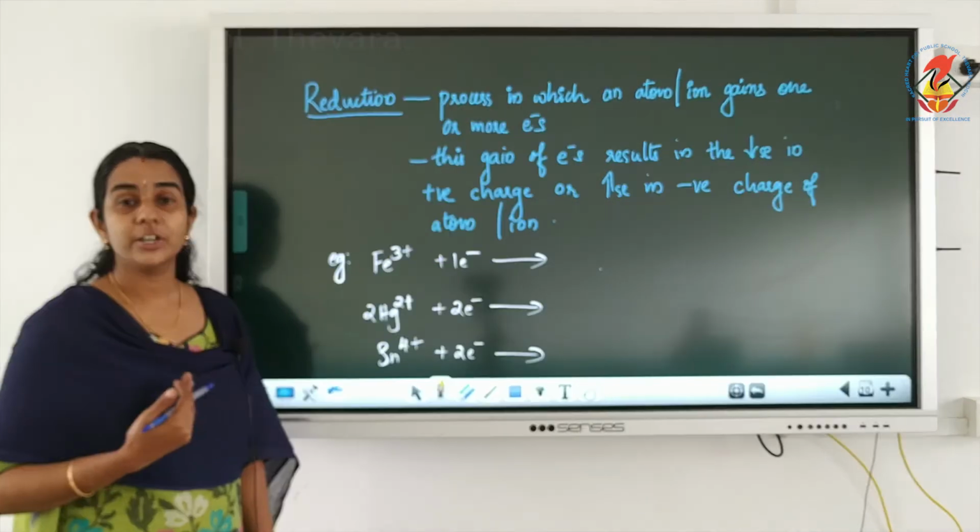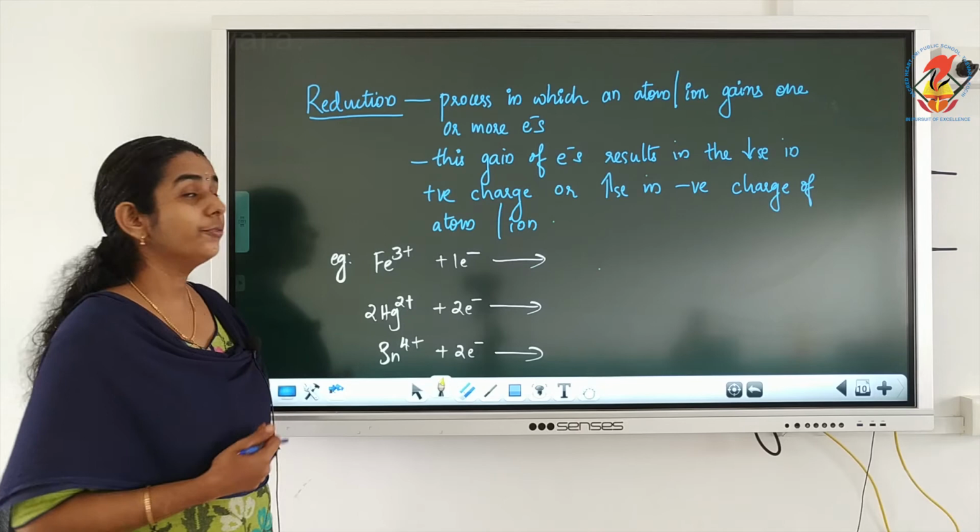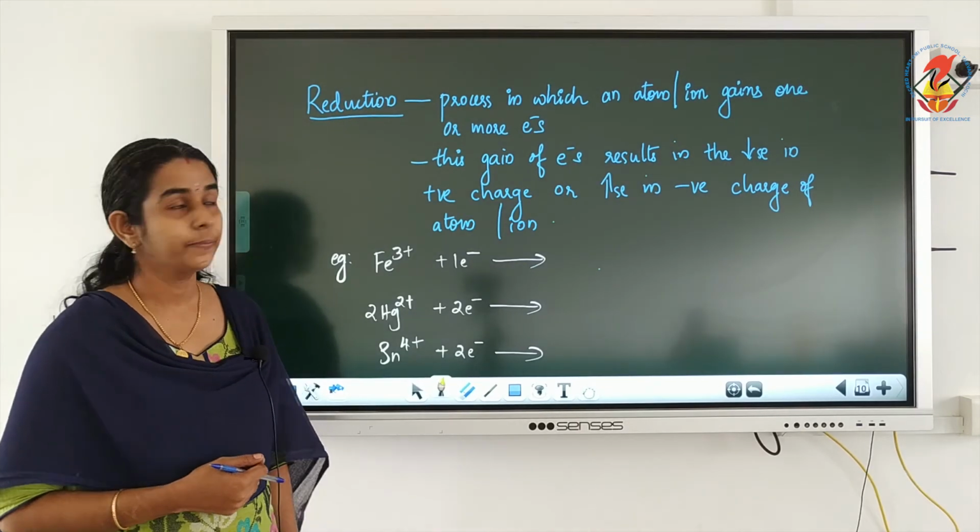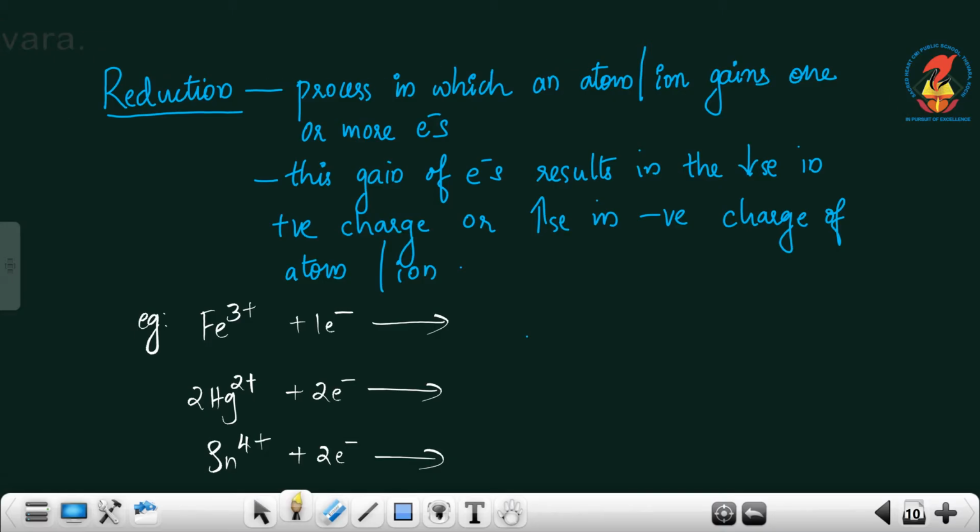Now, according to the electron transfer concept, how can we define a reduction process? It is a process which is just the opposite of oxidation. That means when an atom or ion gains one or more electrons, we call it reduction. And during reduction, what happens to positive charge?